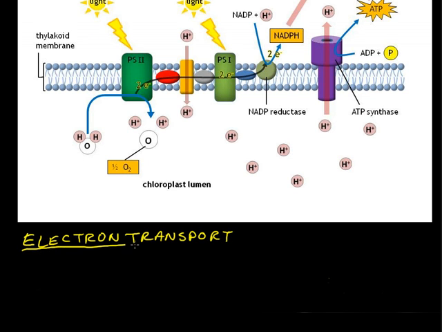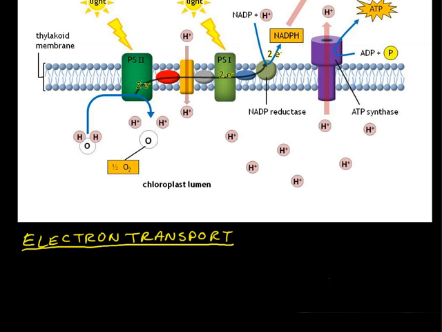And what is the electron transport system? Well, as outlined in your notes, it's basically a series of molecules, and their job is to pass electrons from one to another. And basically what happens is these electrons are full of energy. They're very energetic. And it's sort of like, if you recall, maybe when you were a kid, you played hot potato.